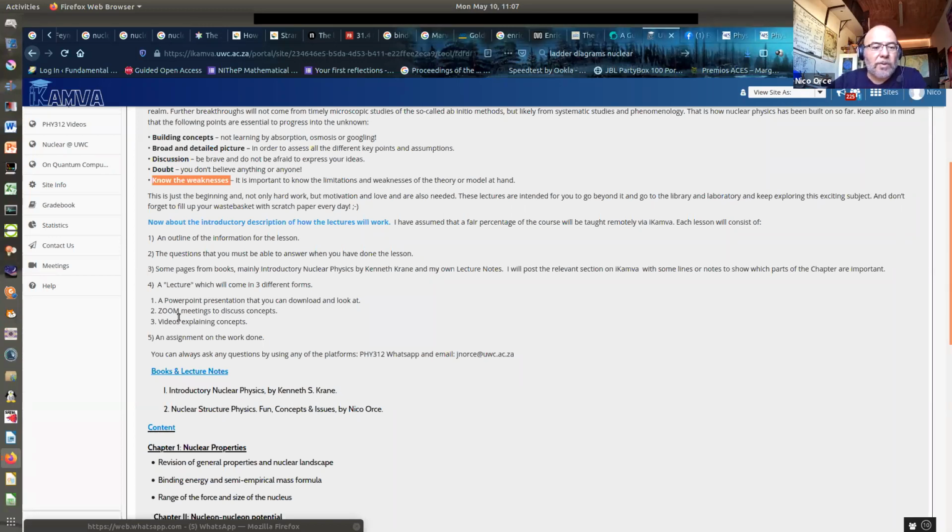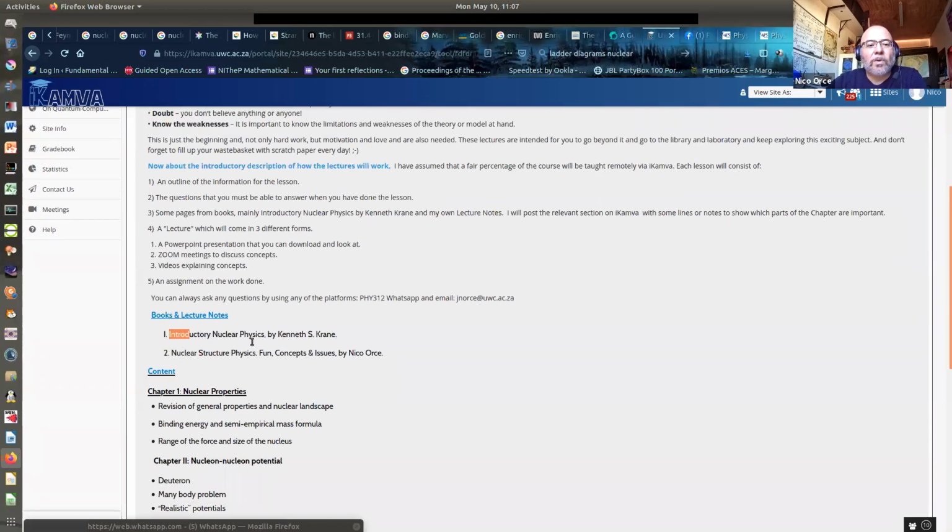So these are the two books that we're going to be using, or one is a book, one is a preparation of a book. This is so far, let's call it lecture notes. This is my long-term project in making a nice book with fun concepts and issues in nuclear physics.